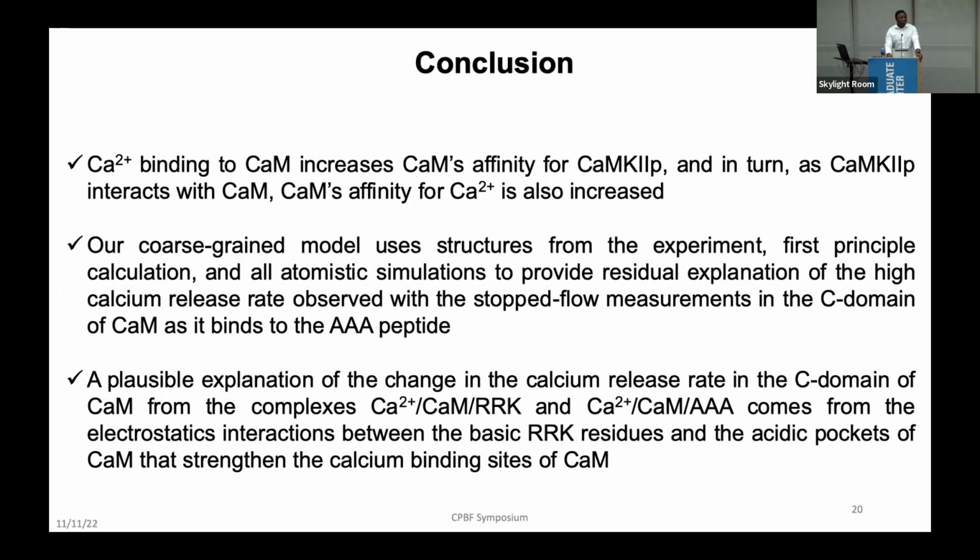So we were able to use our coarse-grained model to provide a residue-level explanation of the observed changes in the C domain of CaM as it binds to the peptide with triple mutation.